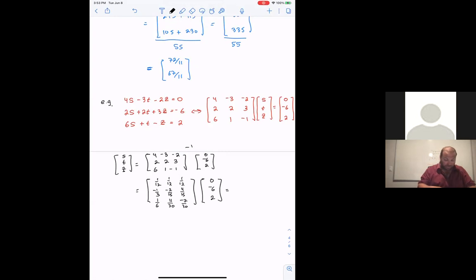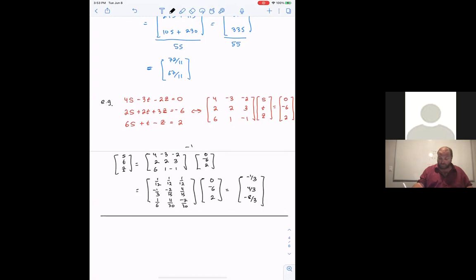So second matrix, edit. B will be a 3 by 1 matrix. 0, -6, 2. Quit out. And let's multiply A times B. And this gives me -1/3, 4/3, and -8/3 as my S, my T, and my Z. And that's exactly what the book gives me.